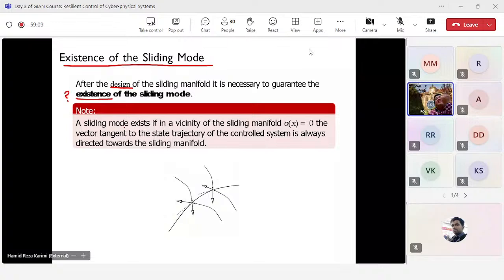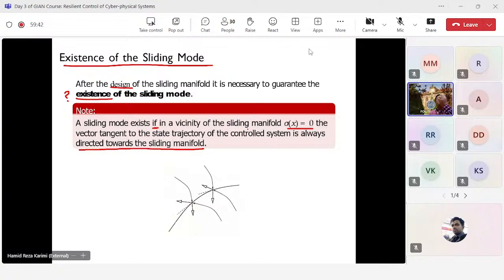A sliding mode exists if in a vicinity of the sliding manifold sigma x equal to zero, the vector tangent to the state trajectory of the control system is always directed toward the sliding manifold. So it means that if the states are hitting the manifold, the tangent should always be in the direction of the sliding manifold, and this means that the sliding mode exists.